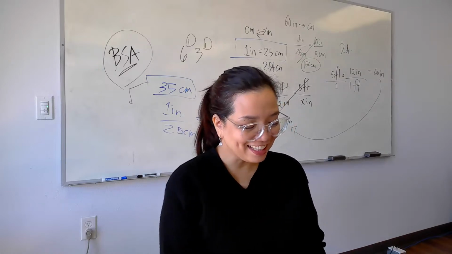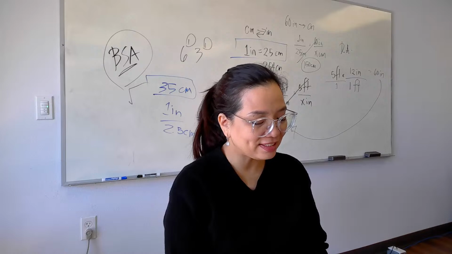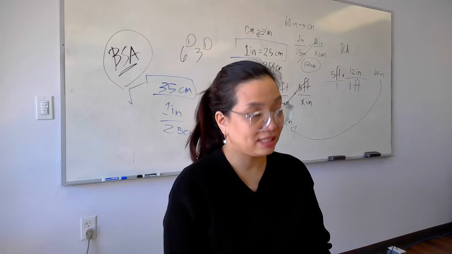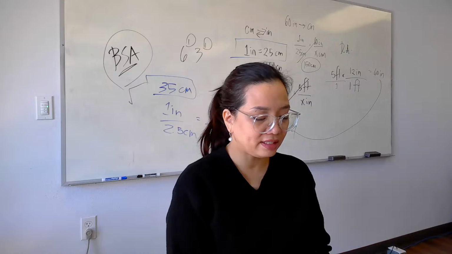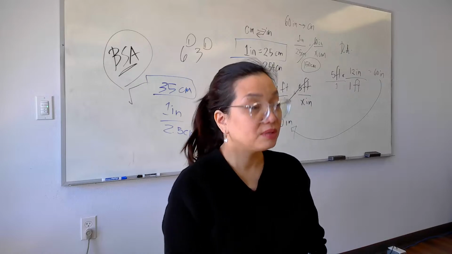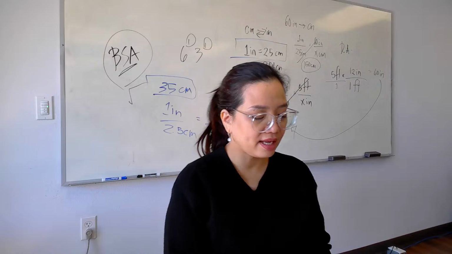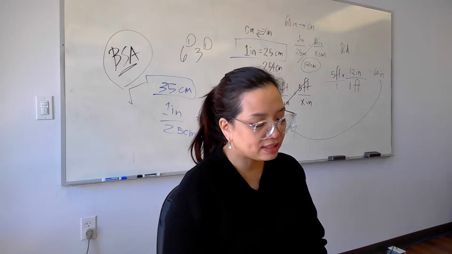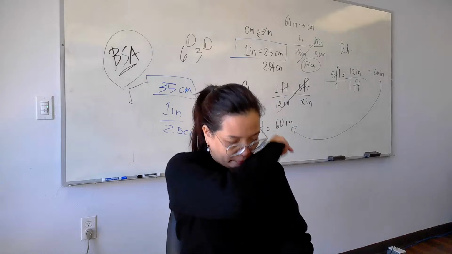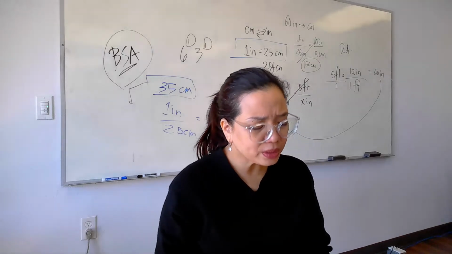Number 9, Daya, 9 inches to centimeters is... Good job. Number 10, Cheyenne, 8 inches to centimeters is 20. Correct. Number 11, you again, Cheyenne, 74 centimeters to inches is 29.6. Correct.